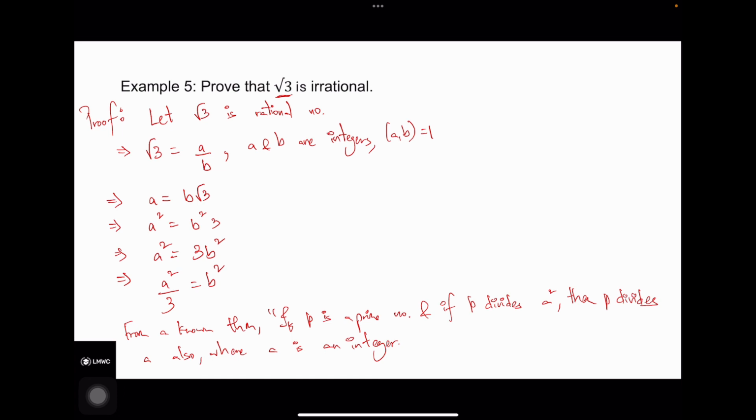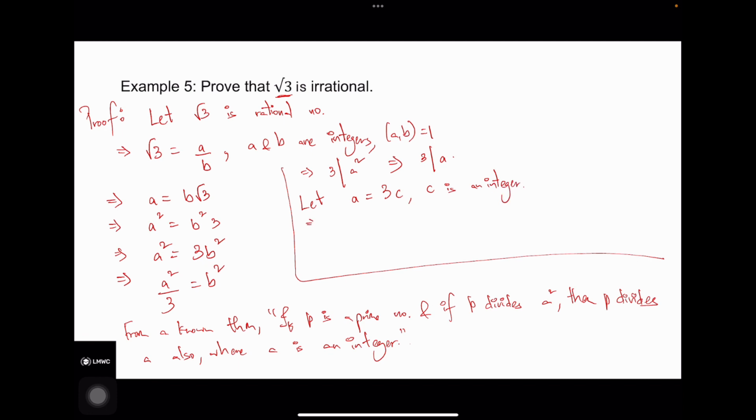Okay, so from this theorem, we will conclude that since 3 divides a square, it must also imply that 3 should divide a also. Next, you have to let a equal 3c, where c is an integer.